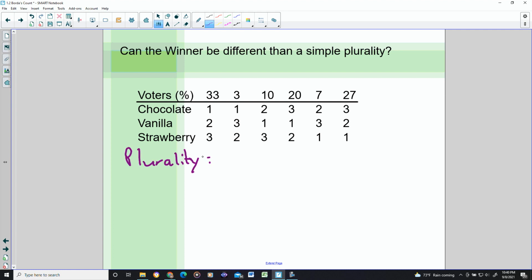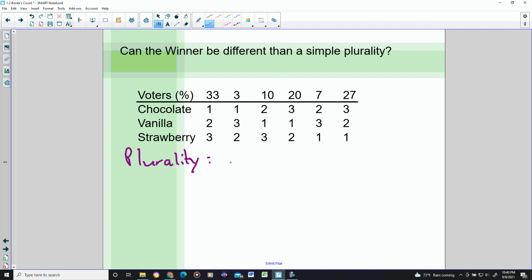My question might be, who would win in a plurality here? In this case, strawberry has 27 plus 7, so 34% of the vote. These groups differ on second and third place for chocolate and vanilla, but they are 34% for strawberry. These two groups both voted first for vanilla, that's 30%. And here, 36% for chocolate.